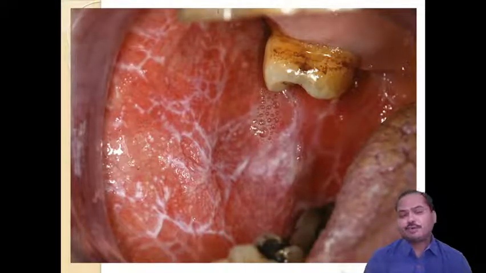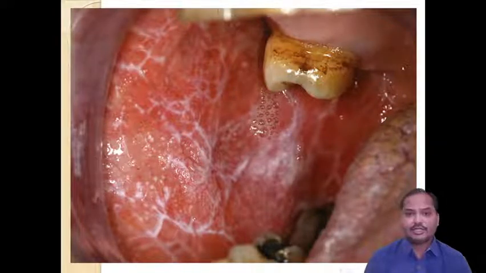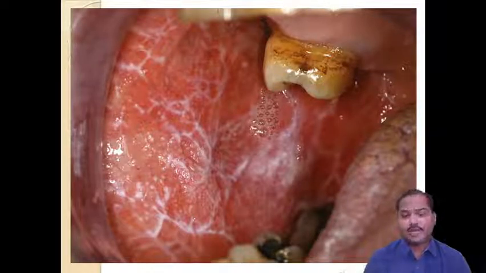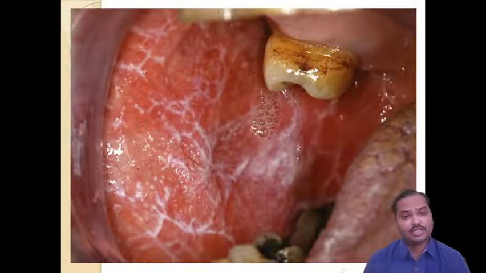Now, this picture of the disease can be seen extending all throughout the buccal mucosa. What we see over here is the buccal mucosa, extending all throughout with small papules and radiating fine lines which are interlacing amongst each other. Both can be seen.